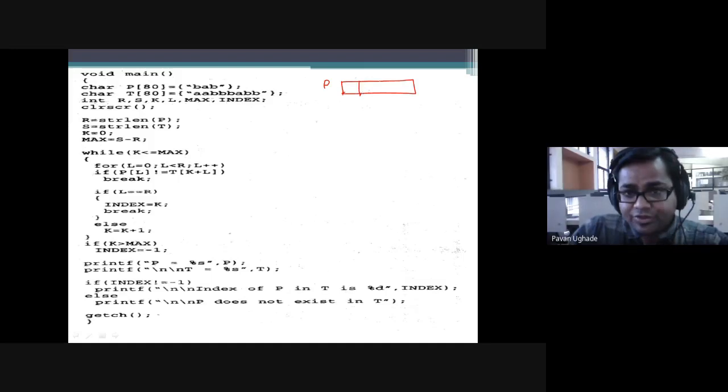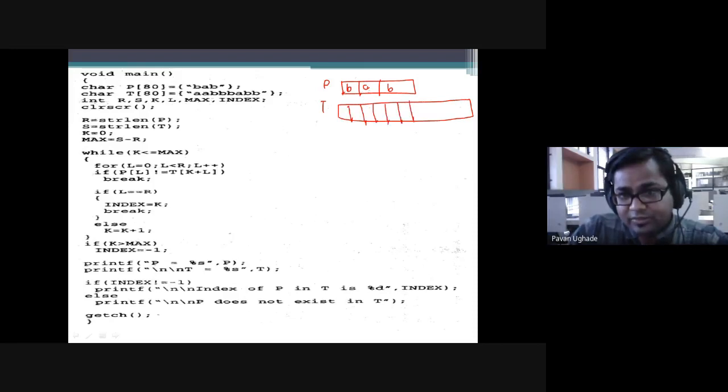put complete attention here. Now let us assume for p I'll make one array, as it is a character string. What is the basic input in that? It is B, A, and B. For T also I'll apply a string, and I'll put all the characters. What is that?